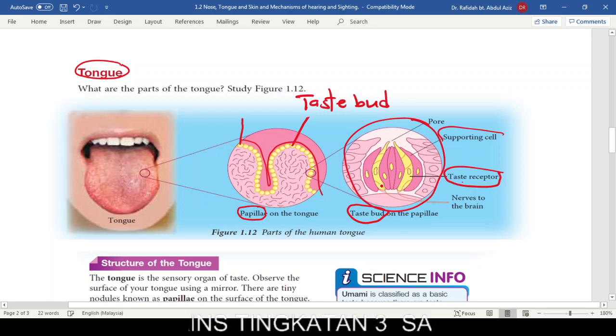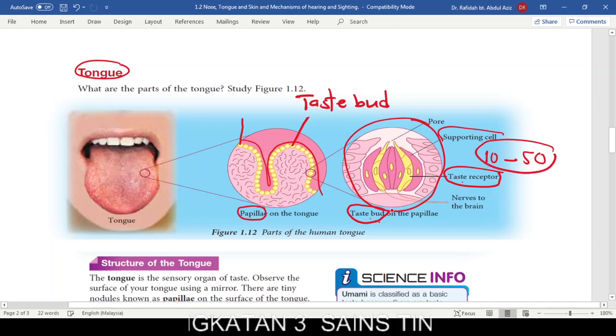What you have to know is that one taste bud consists of around 10 to 50 taste receptors.